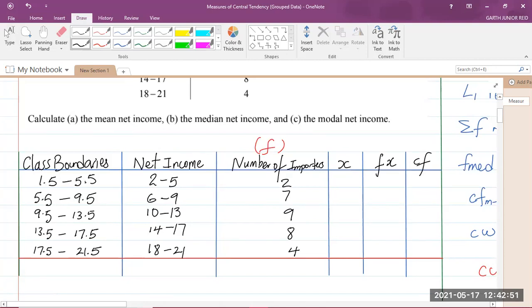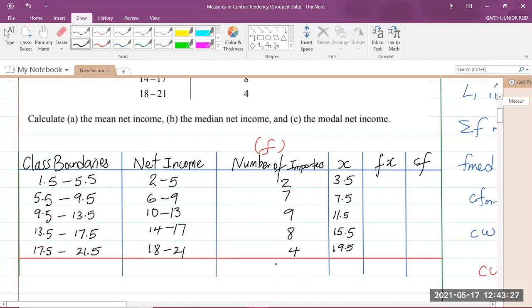So 1.5 plus 5.5 divided by 2 gives us 3.5. 5.5 plus 9.5 divided by 2 gives us 7.5. 9.5 plus 13.5 gives us 11.5. 13.5 plus 17.5 divided by 2 gives us 15.5. 17.5 plus 21.5 divided by 2 gives us 19.5.